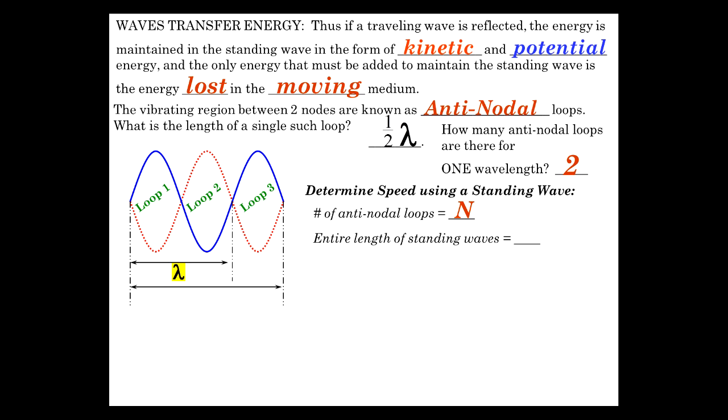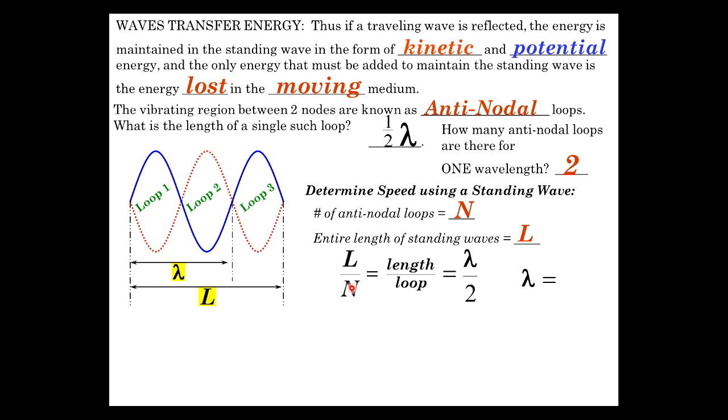So n is the number of antinodal loops along the length L. So here's L, the length of the whole medium. L, this whole length, divided by the number of antinodal loops, however many they are, is the length per loop. Total length over how many loops? Length per loop. So that's lambda over 2, because the length of each loop is half a wavelength.